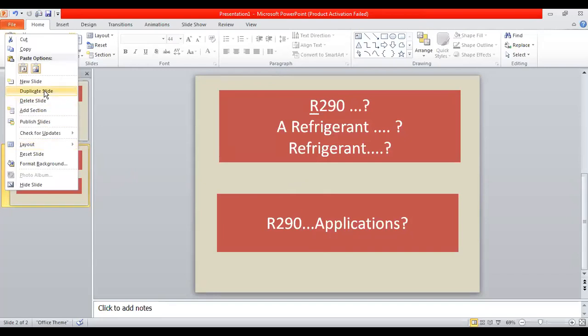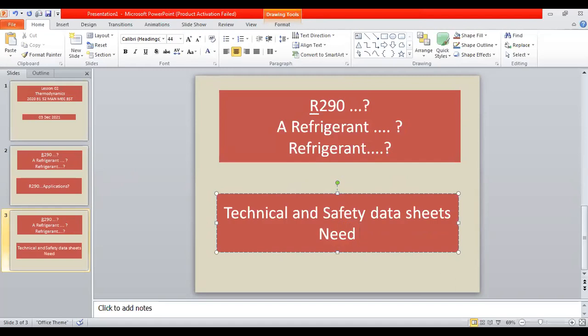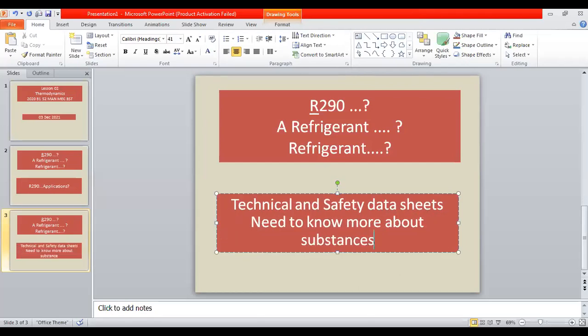This is a practical aspect. If you need to know more about substances, you have to look into technical and safety data sheets.